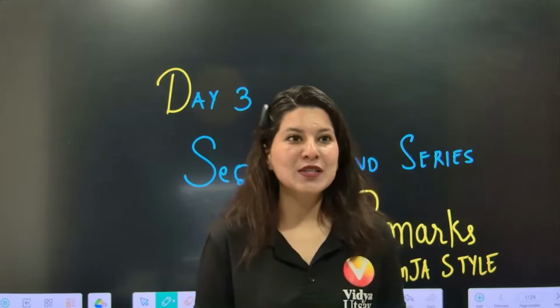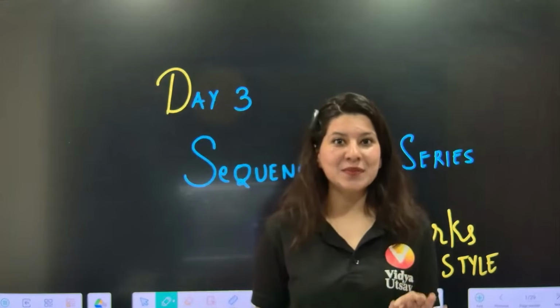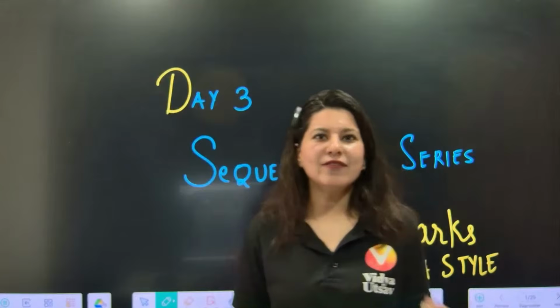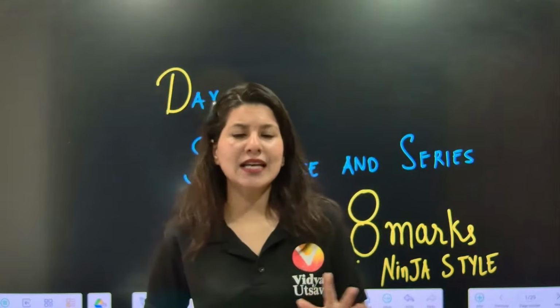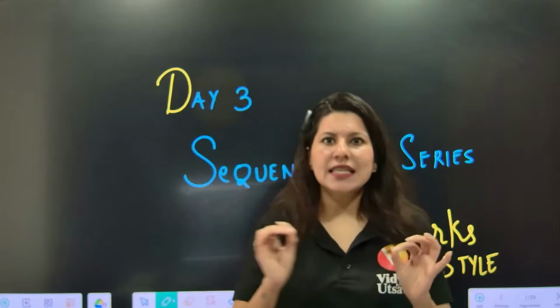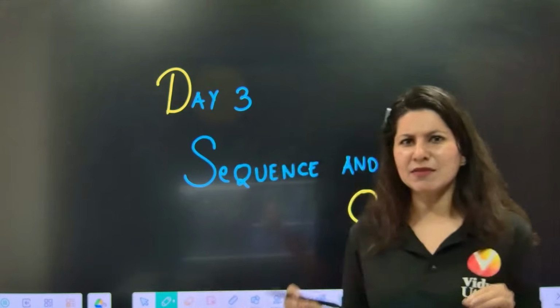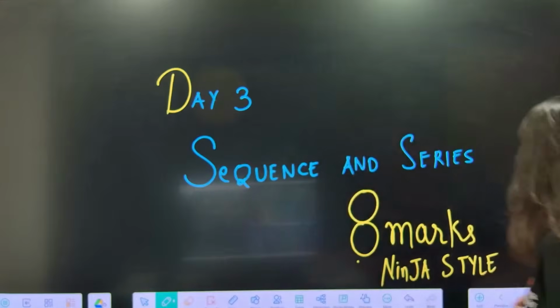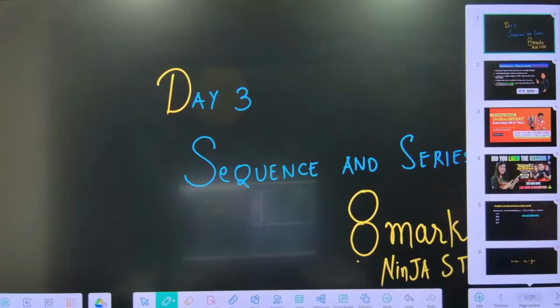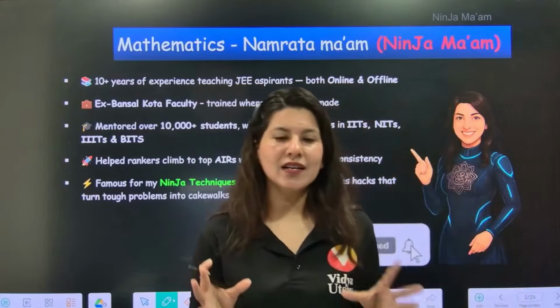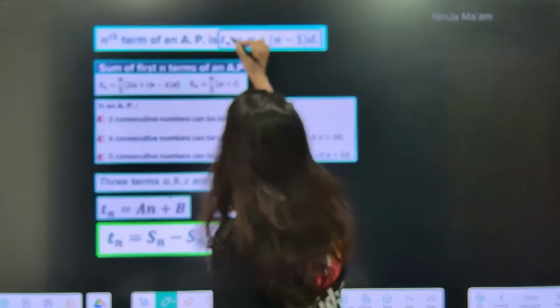Because in mathematics, to score 99 percentile, you just have to do 12 questions, that is, 48 marks is enough to crack 99 percentile. Sometimes 50, but approximately 48 marks.